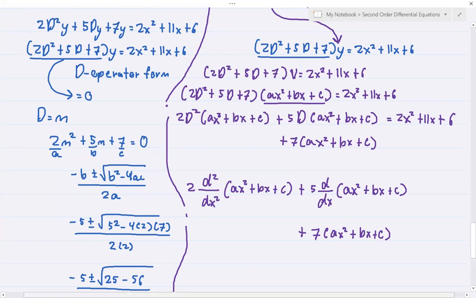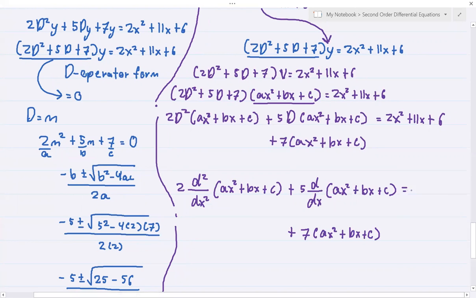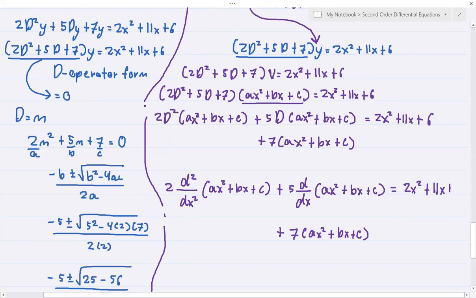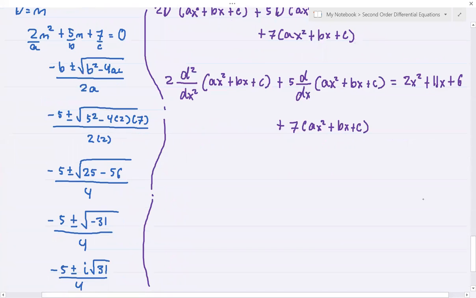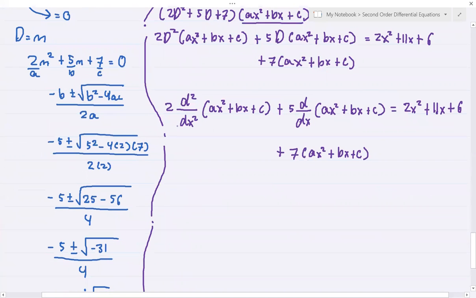There you go. And then copy the others as well, is equal to 2x squared plus 11x plus 6. So as always, if you observe these terms, they are in derivative form. So you're going to get the derivative of these two terms. So let's start with the first term.